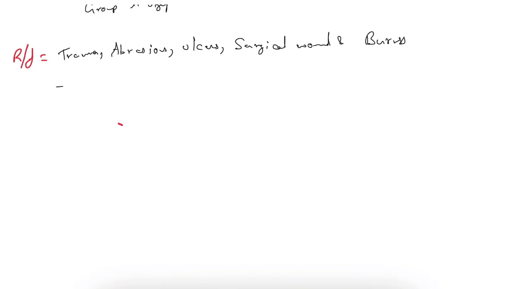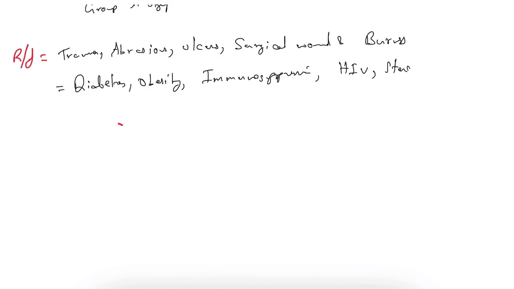Next, systemic risk factors include diabetes, obesity and immunosuppression, HIV and steroid therapy, and malnutrition. So these are the risk factors.